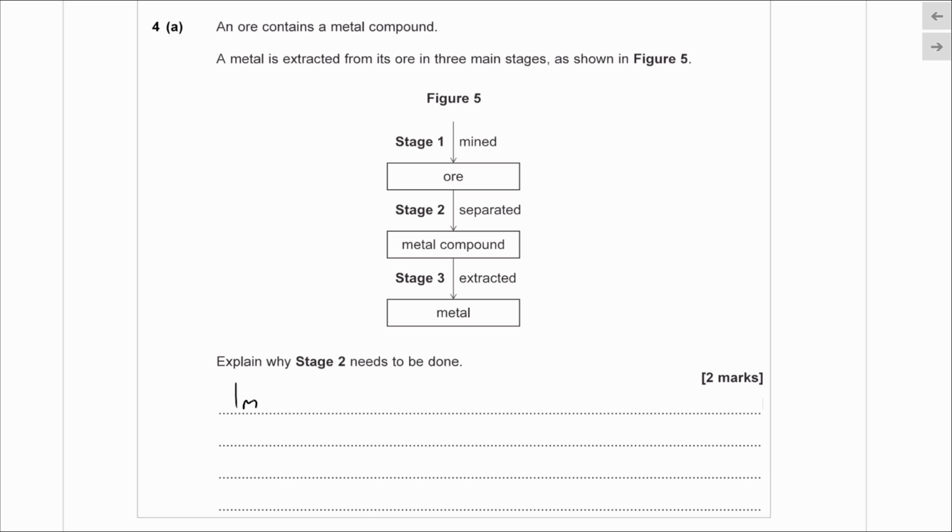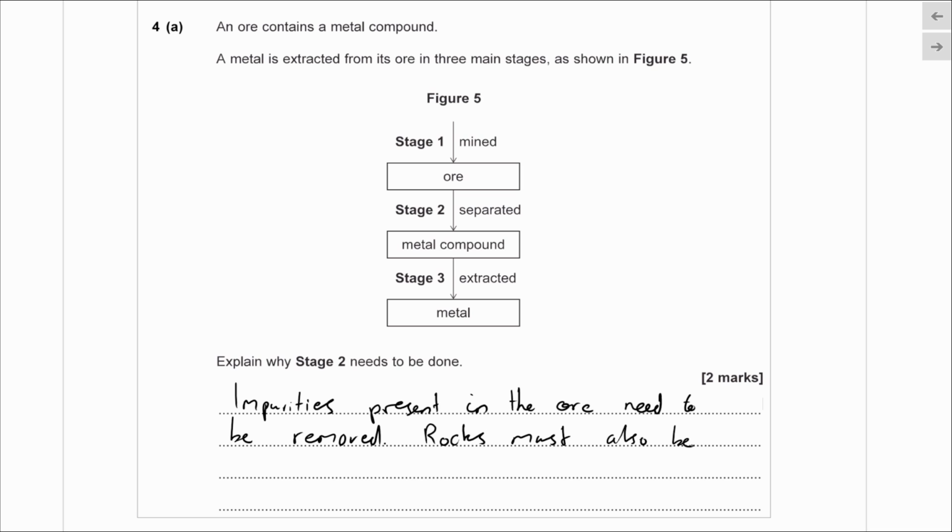So impurities present in the ore need to be removed. And bear in mind that an ore is a rock containing those metal compounds, and so the rocks must also be removed.